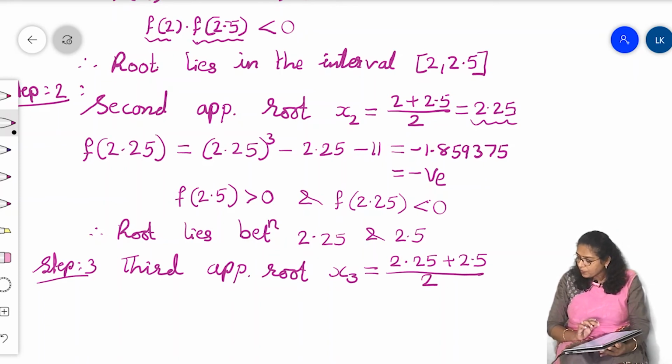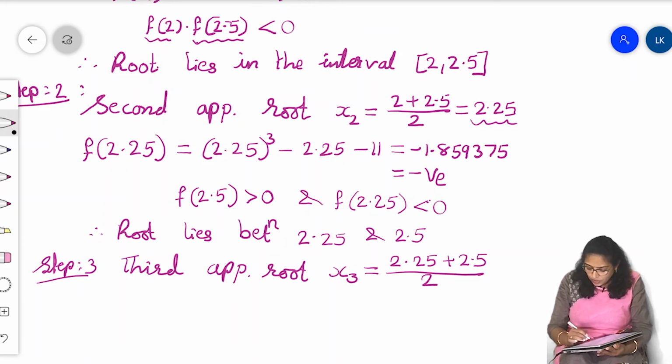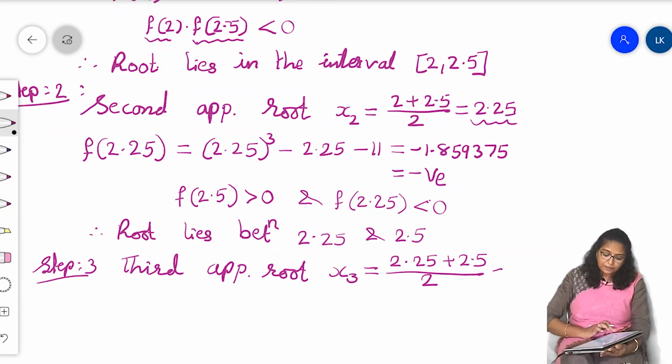Its answer is 2.375 in calci. What should we do?